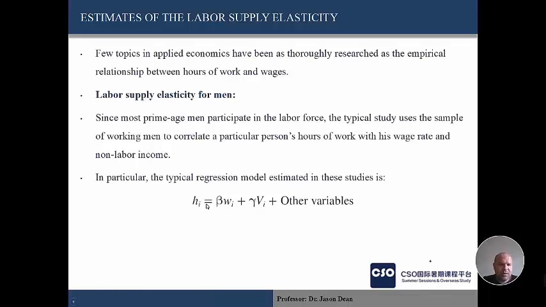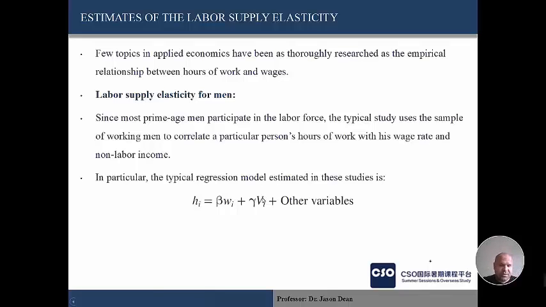Here we have hours worked as the dependent variable, and that equals a coefficient beta times W, which is the wage, plus gamma times V, which is non-labor income, plus other variables. So here, beta would capture the effect of wages on hours worked holding income constant.